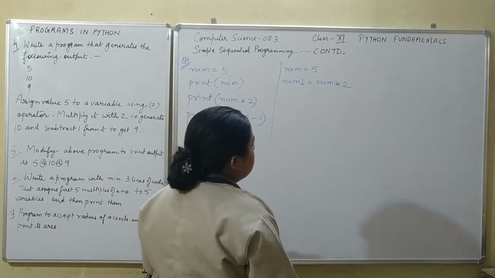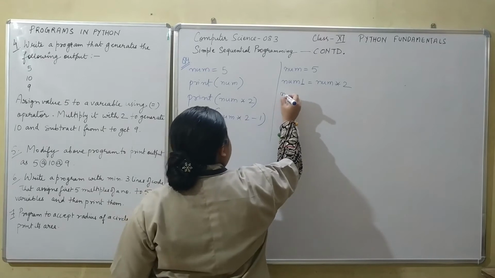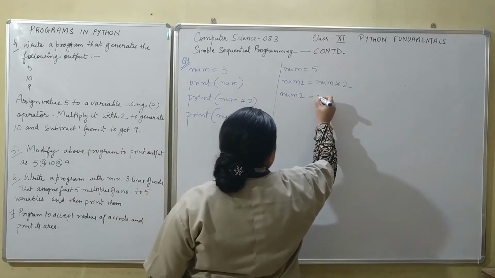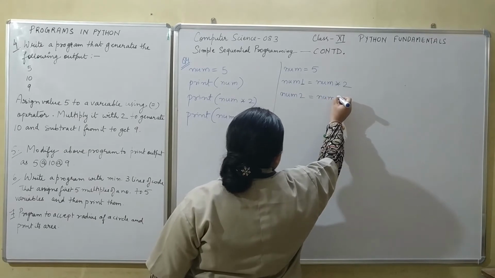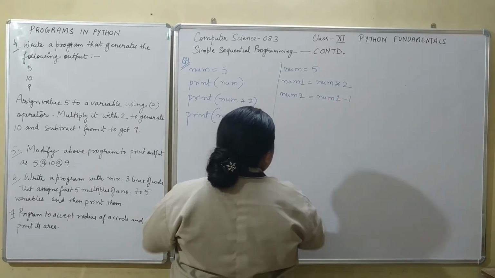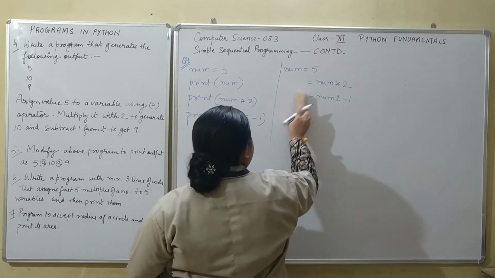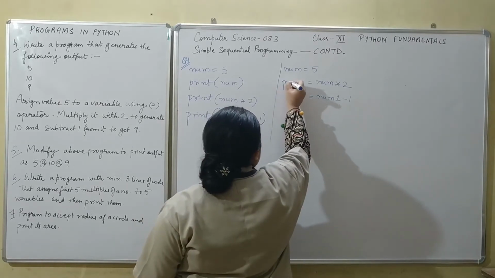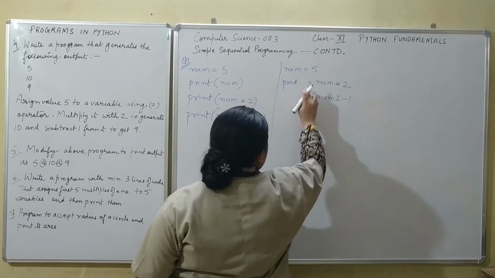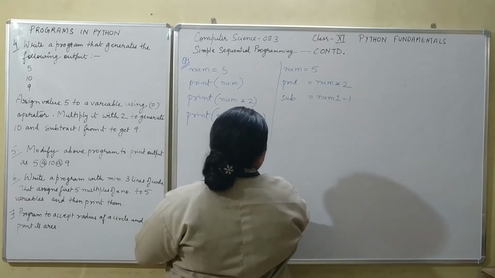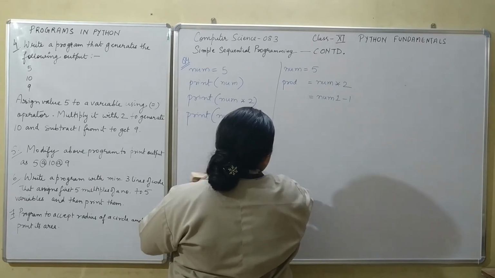Now this program, alternatively you can do it like this also. num1 equals num into 2 and num2 equals num1 minus 1. So instead of taking num1 and num2, we can also take product, that is prod for the second one, and for the third one we can take sub, or we can also take diff for difference.